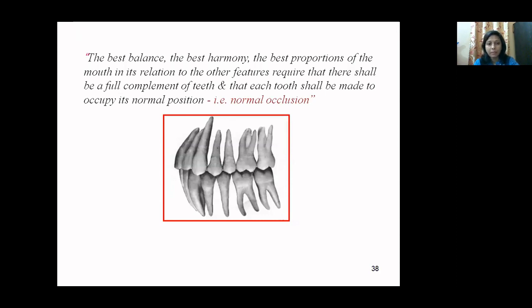So the main thing, he was the advocate that all 32 teeth should be well maintained in the dental arches and no extraction should be done to get a proper normal occlusion.